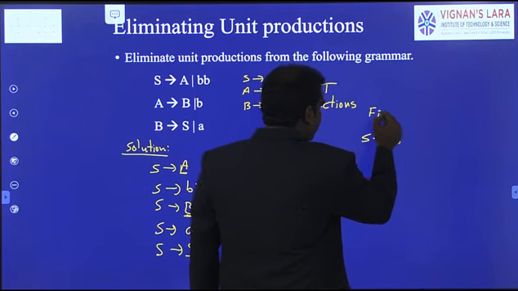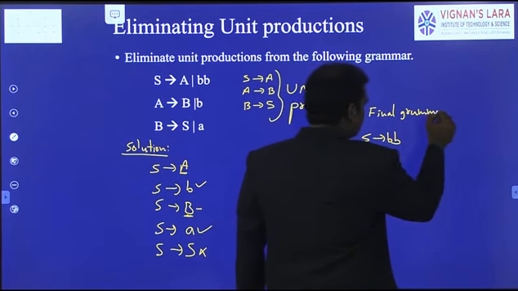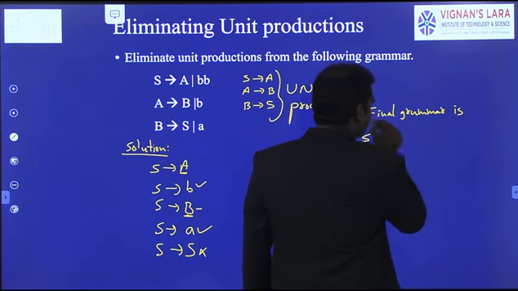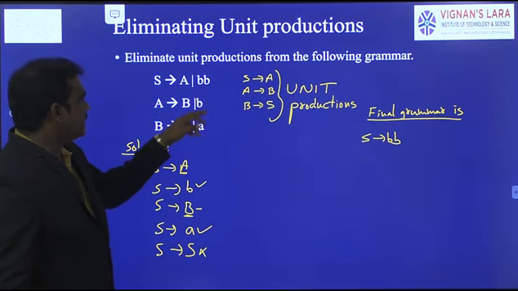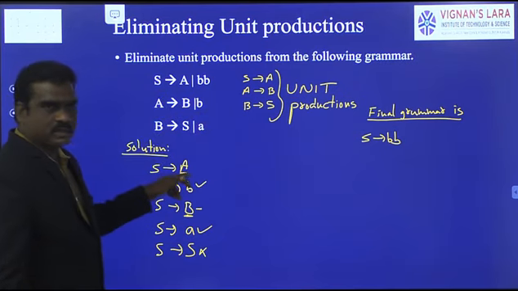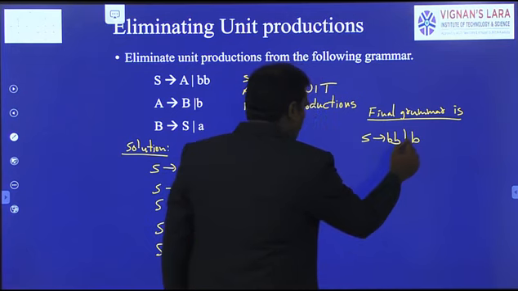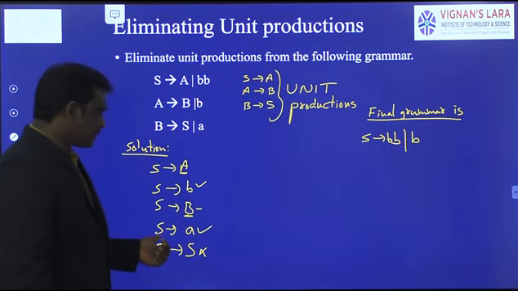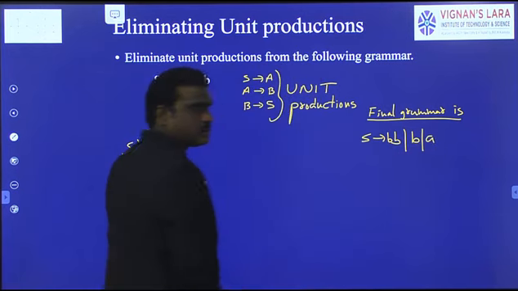So the final grammar is S to BB, and instead of S to A, we can write S to B. Next one, S to A. So this is the answer.